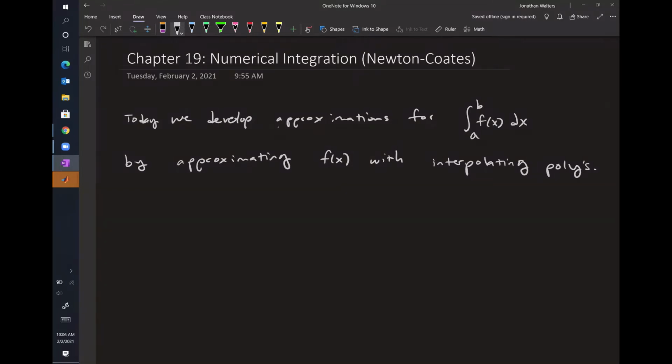So that's basically what we're going to do today. We're going to interpolate our function, integrate that interpolation, and say that's the approximate value of our integral. Okay, does that make sense?